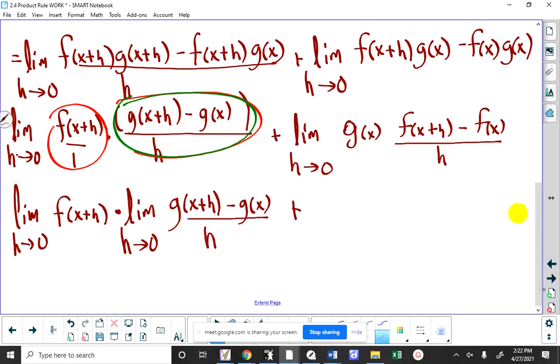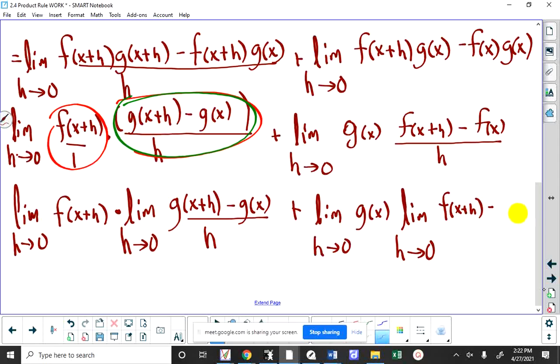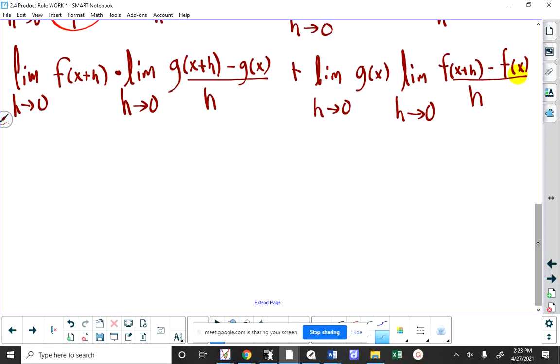So now I have a further limit as h approaches 0 of g of x times the limit as h approaches 0 of f of x plus h minus f of x over h. Okay, so what is this limit equal to?